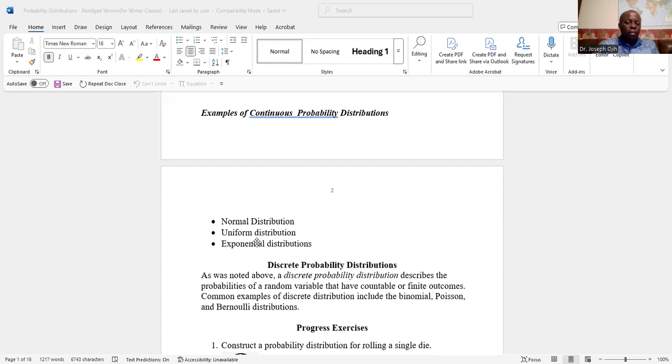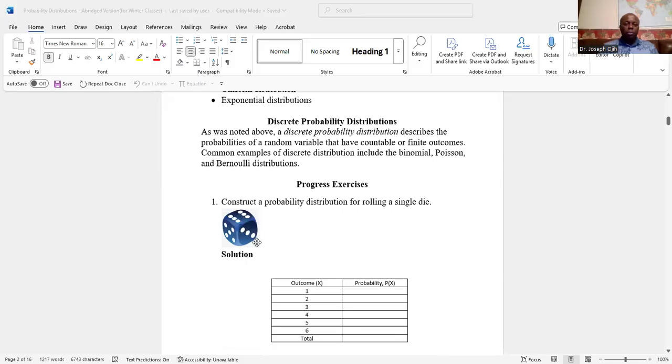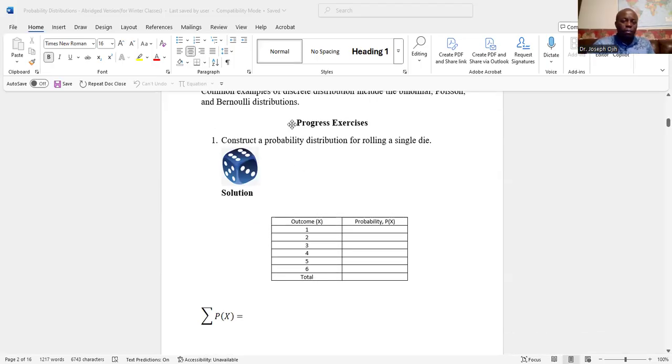Now let's start with the discrete probability distributions. This is the one that describes the values a random variable can have and the corresponding probabilities. So let's solve some practical questions that reflect this.